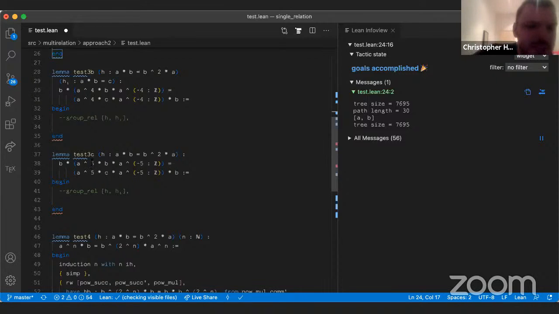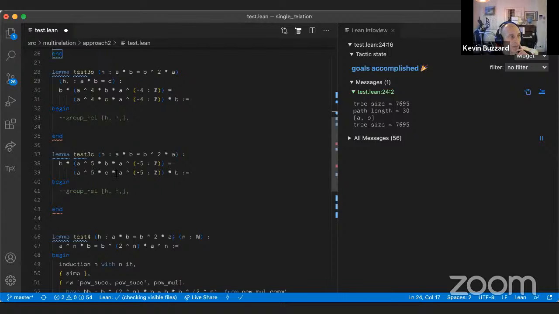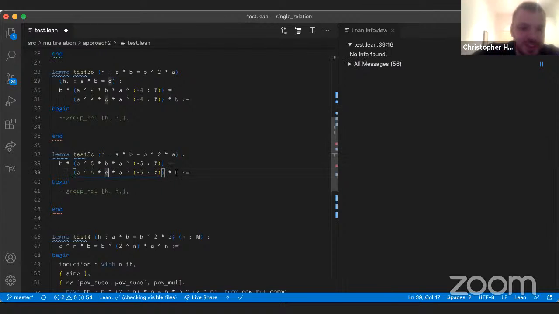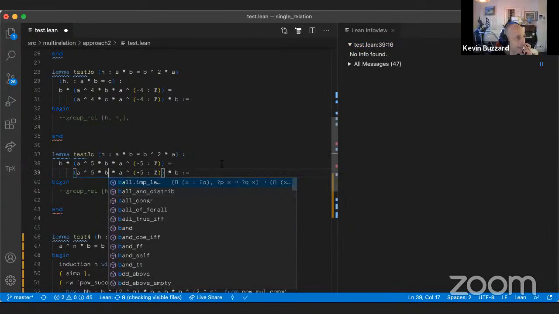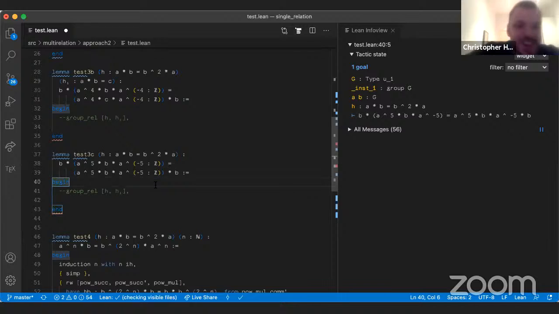But this isn't very typical of a Lean tactic state, because it's got a huge number. There's also a C in there. Oh yeah, sorry, it's not even true. So that's another reason why it's difficult to prove.